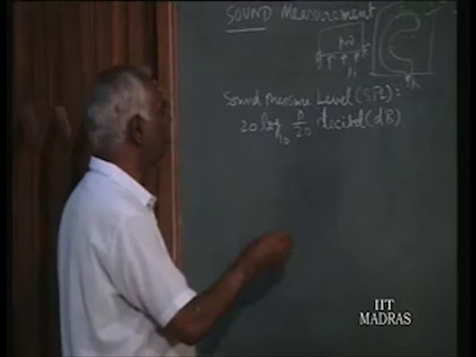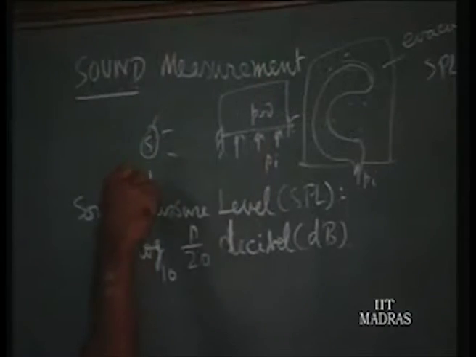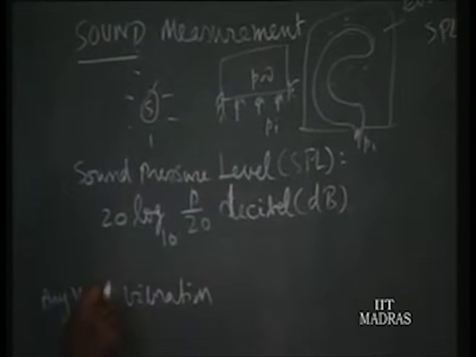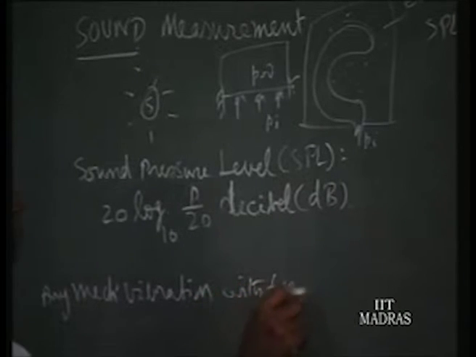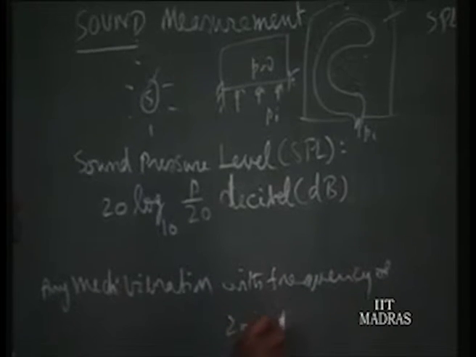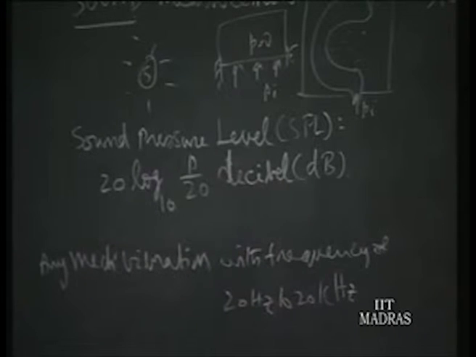When we have a source, and it produces some sound, that means the nearby molecules undergo any mechanical vibration with a frequency of 20 hertz to 20 kilohertz, then the sound is produced, because sound frequency is 20 hertz to 20 kilohertz.